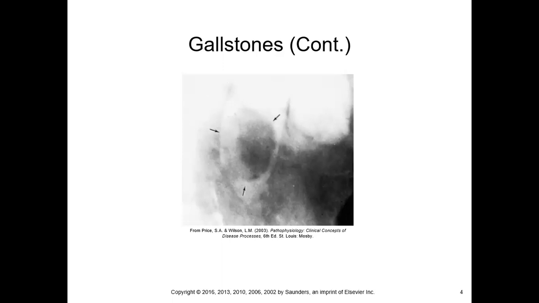It is produced in the liver and stored in the gallbladder. It can be acute or chronic and can obstruct the pancreatic duct, causing pancreatitis. It can also cause the gallbladder to rupture, which is secondary, resulting in peritonitis. So that happens on top of that.